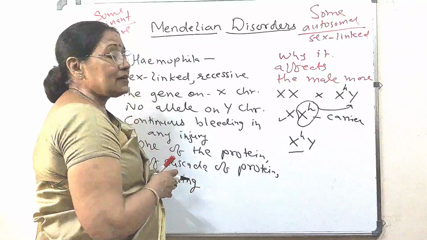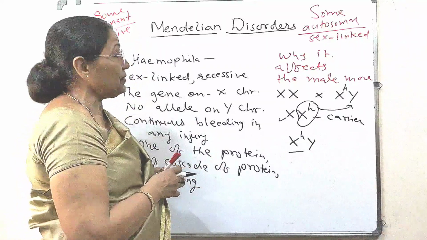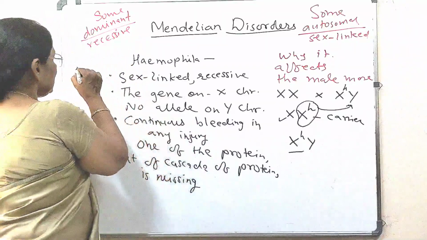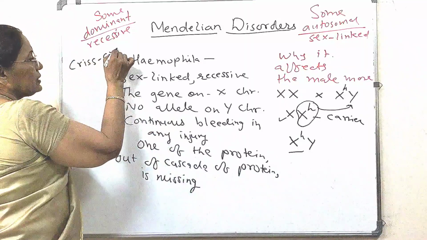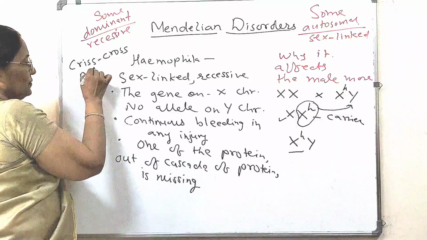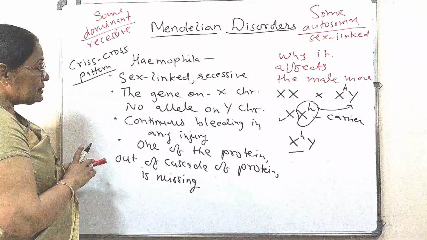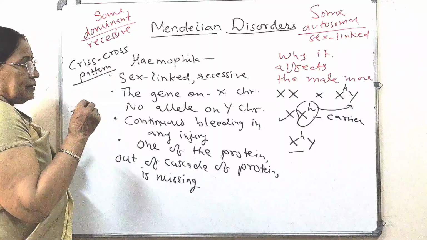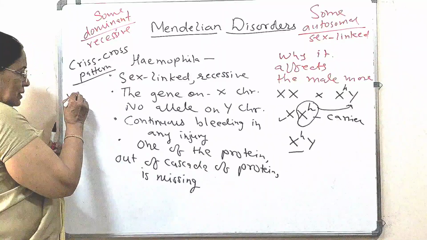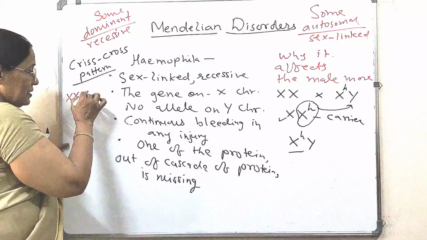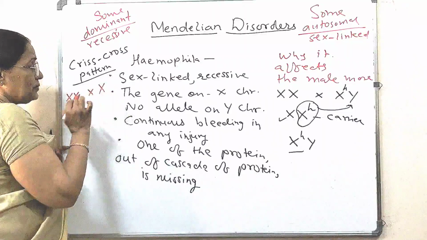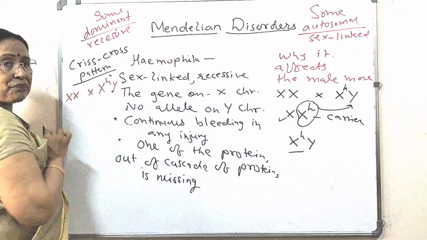Now, what is the criss-cross pattern of inheritance? That also you need to see. This is a lady who is not having the allele for the disease. This is the father who is having this allele.